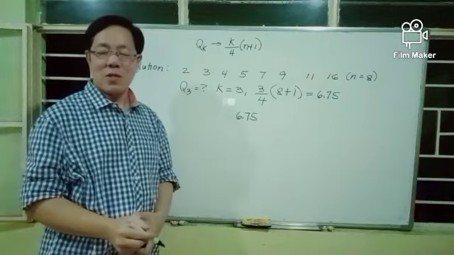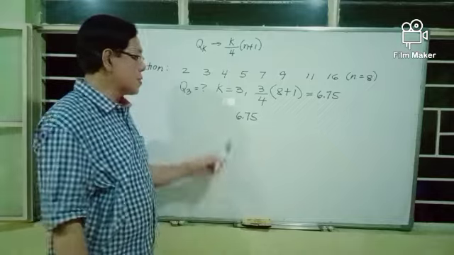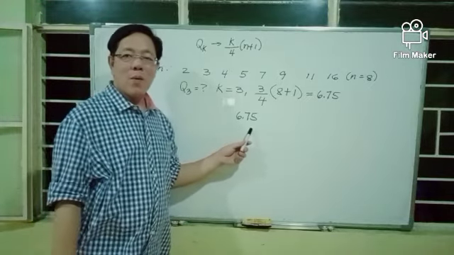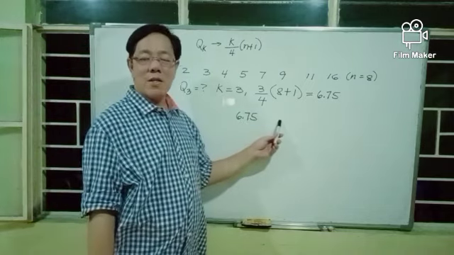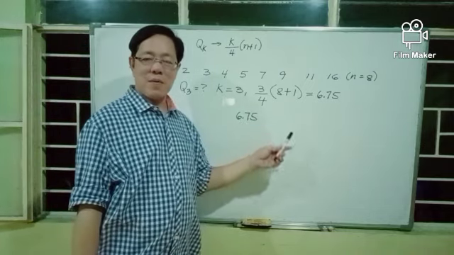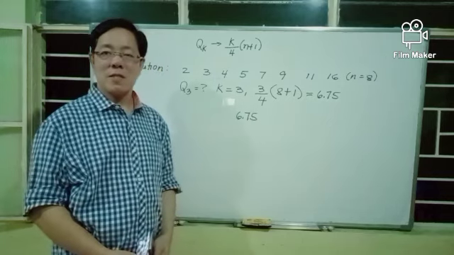Now you take the two integers that are closest to 6.75. One is less than 6.75 and the other is greater than 6.75. And those two integers are 6 and 7.